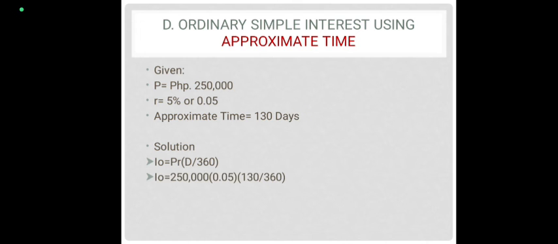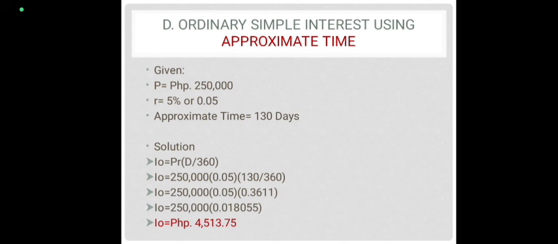So we substitute the values, and 130 divided by 360 is equal to 0.3611, multiplied by 0.05 is equal to 0.018055, and multiply it again by our principal value, which is 250,000, and we get now our ordinary simple interest using approximate time.